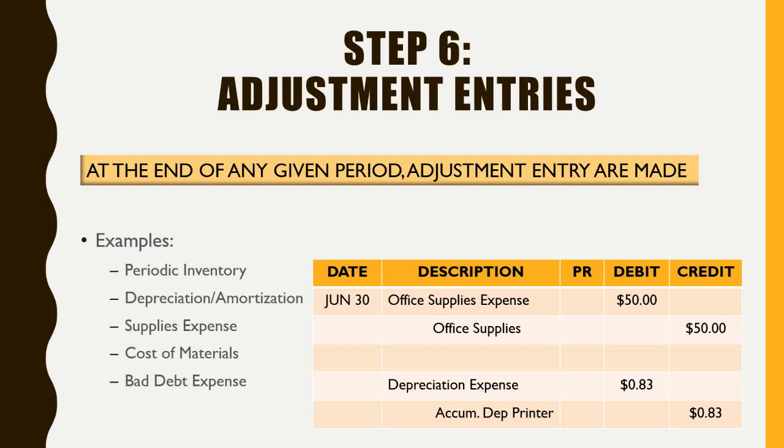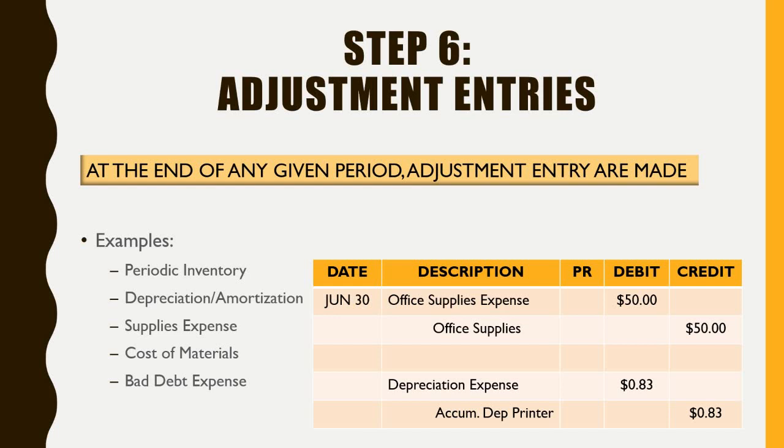We'll take a look at the periodic inventory in the next chapter, chapter 5. We're going to be taking a look at depreciation, okay? Which is chapter 11. We're going to be looking at supplies expense. Again, supplies expense is going to be something that we do during the class project.